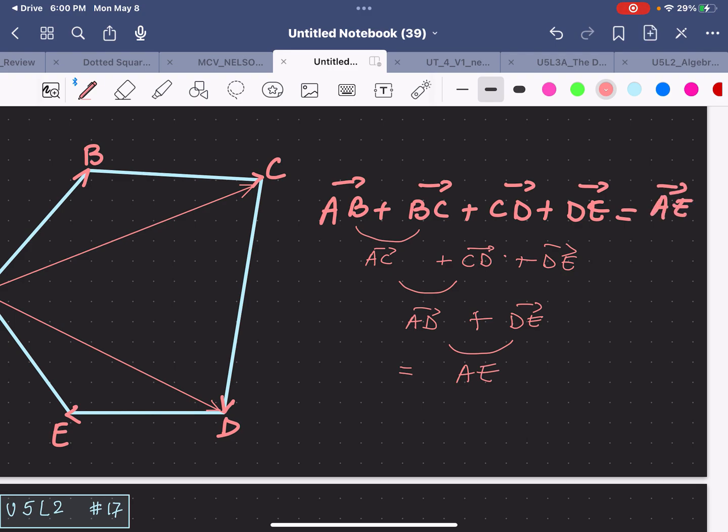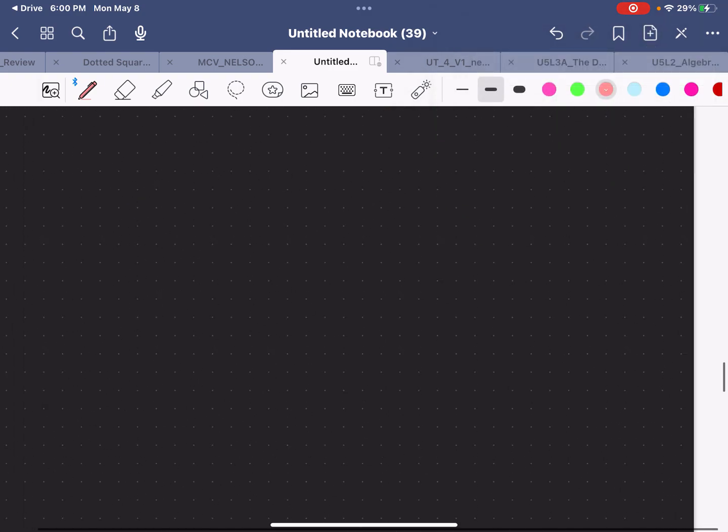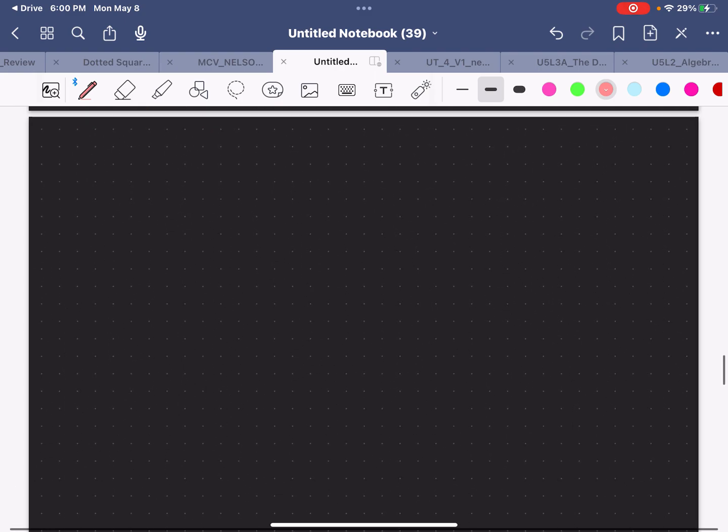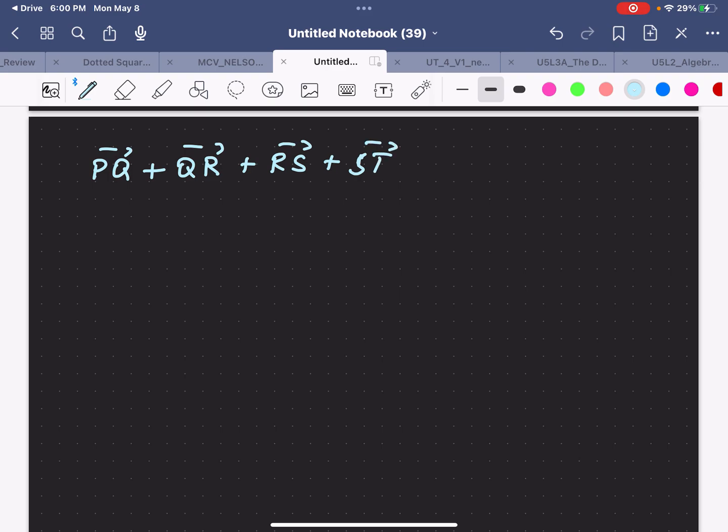So if someone told you now that you have to add these 1 million vectors, just kidding, but these vectors that are connected to each other, let's say PQ with QR, with RS, with ST, it doesn't matter how long the expression is, plus TU, plus UV, plus VX, etc. You can continue, but we won't here.